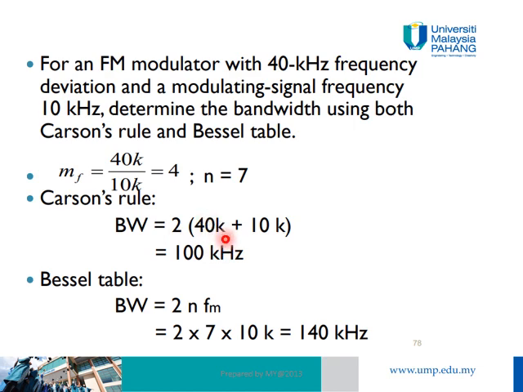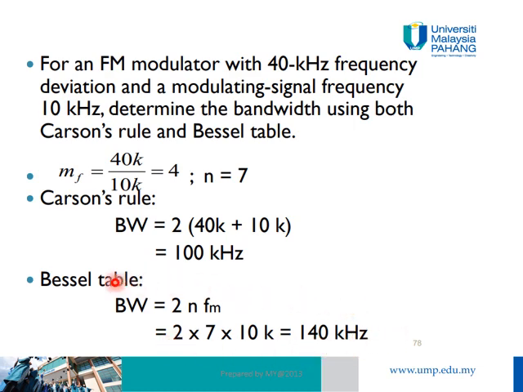From Carson's rule, bandwidth equal to 2 times (delta F plus Fm). So 2 multiplied by 40k plus 10k, which is 50, so equal to 100 kilohertz. Bessel table bandwidth equal to 2n Fm, n equal to 7, Fm is 10, so equal to 140 kilohertz.